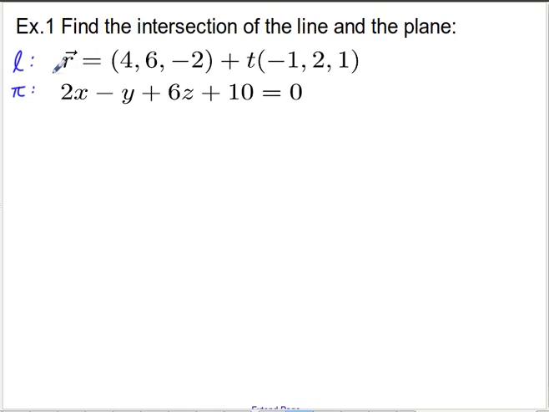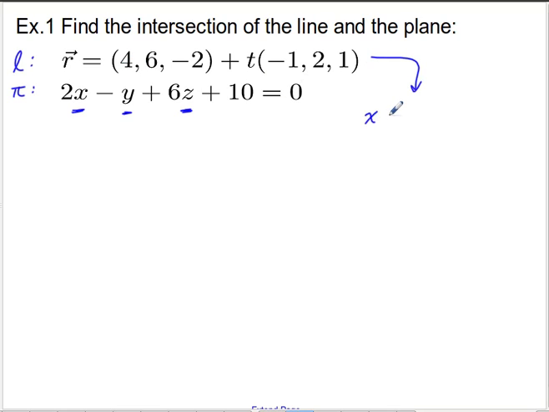Now, in order to work between my vector equation and my scalar equation, the thing I'm going to make use of in this case is the fact that I already have an x, a y, and a z in my scalar or Cartesian equation. So what I'm going to do is take my vector equation and put it into component form.